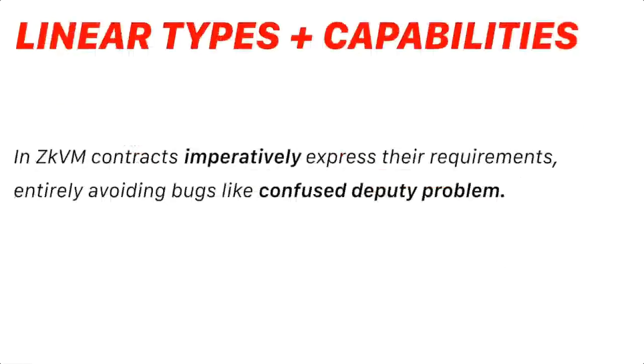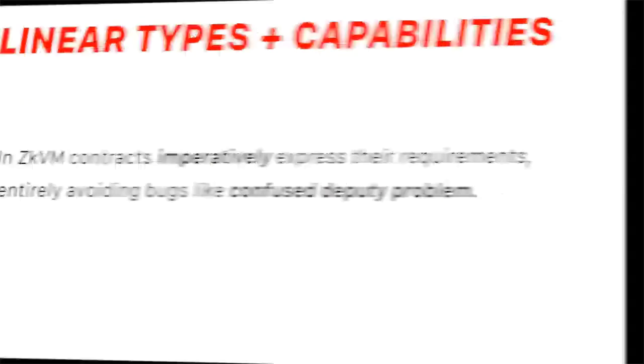So this is a very important feature of zkVM. The contracts can directly express their requirements as an imperative program with linear logic, eliminating the entire class of security vulnerabilities like confused deputy.